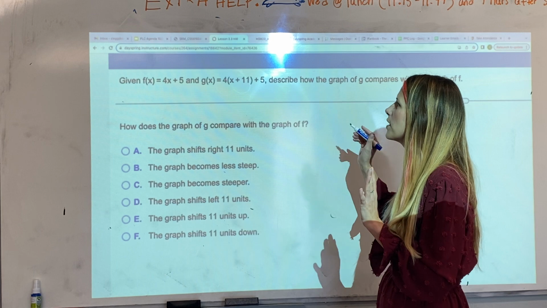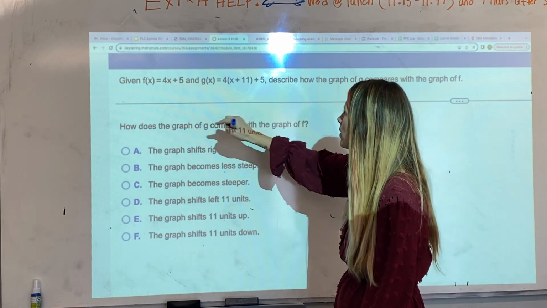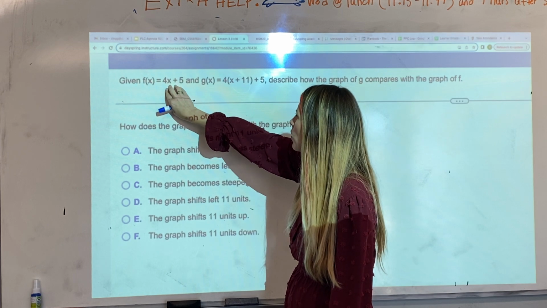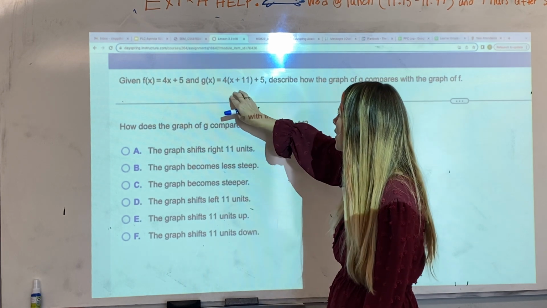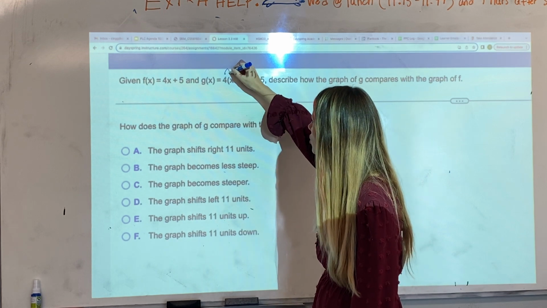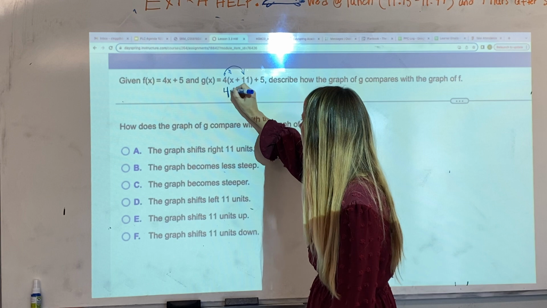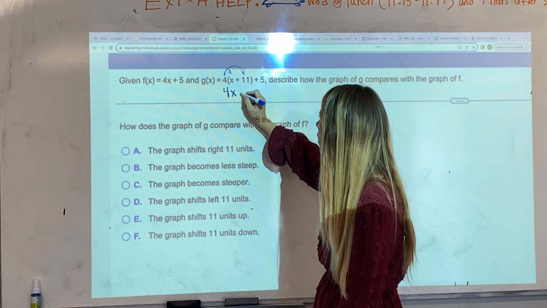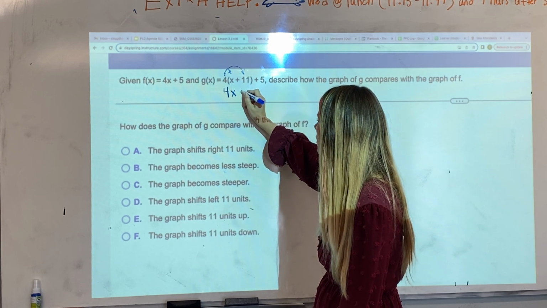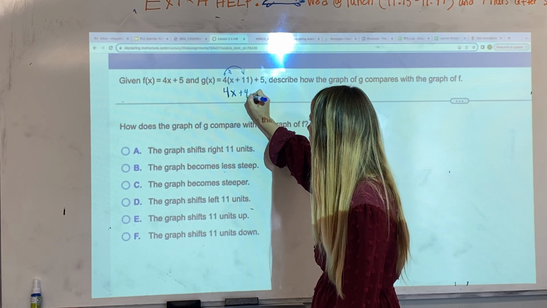Okay, so this is okay. Let's see what happens. The first thing we're gonna do is notice that this is 4x plus 5, and this is 4 times x plus 11. So let's go ahead and distribute this. So now we have 4x plus what? 11. No, 44. Plus 44. Sorry.